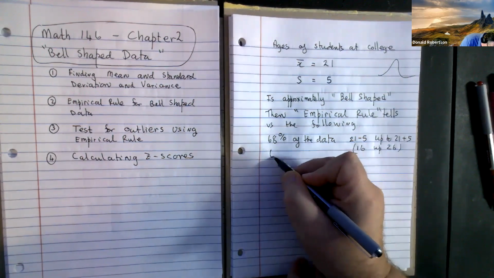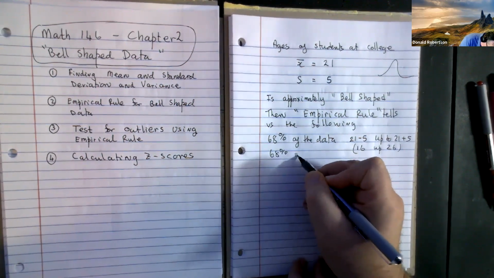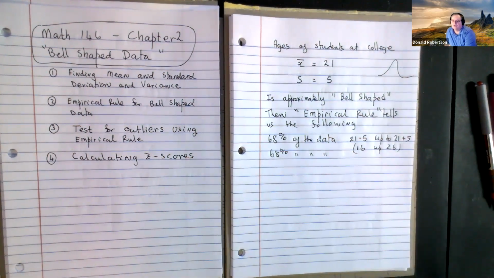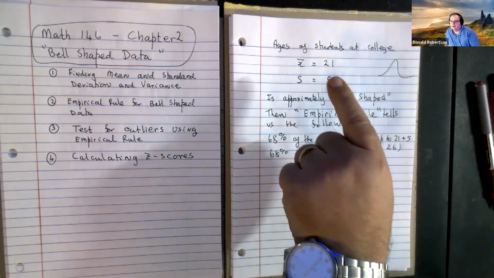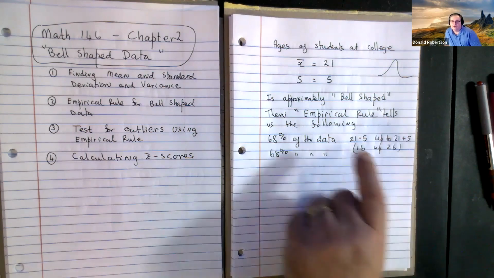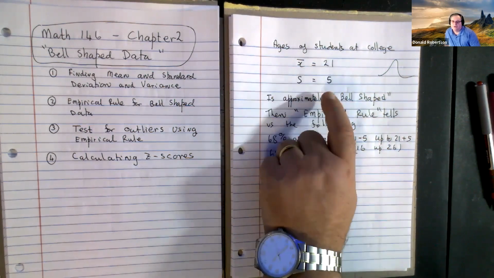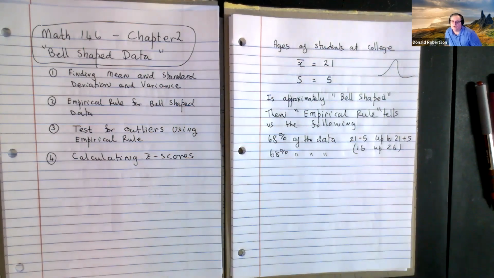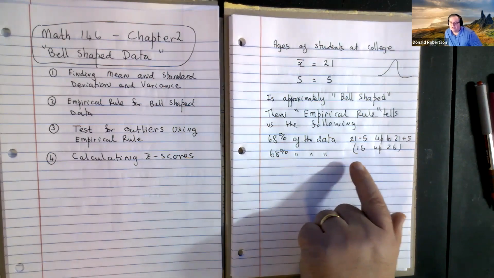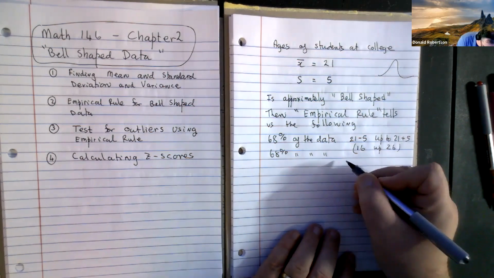So I can tell you that 68% of the students at this college are aged 16 to 26. Even if you never told me the original data, if the only thing you said to me is, I collected a lot of data on students' ages, and the average age was 21, and the standard deviation was 5, and it's roughly bell-shaped, the empirical rule says that 68% of the data is within one standard deviation.